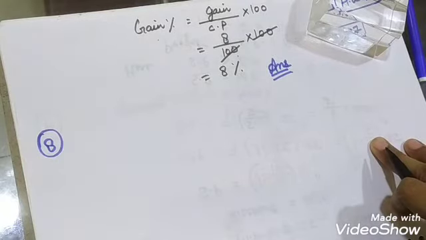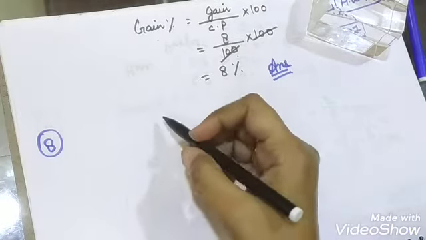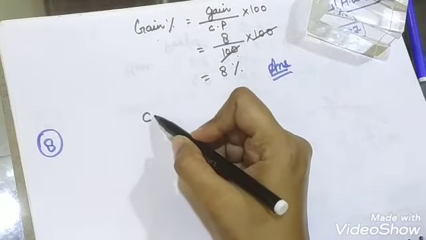A dealer purchased a washing machine for rupees 7,660. After allowing a discount of 12% on its marked price, he gained 10%. Find the marked price. Now whatever is given in the question, I will write here.